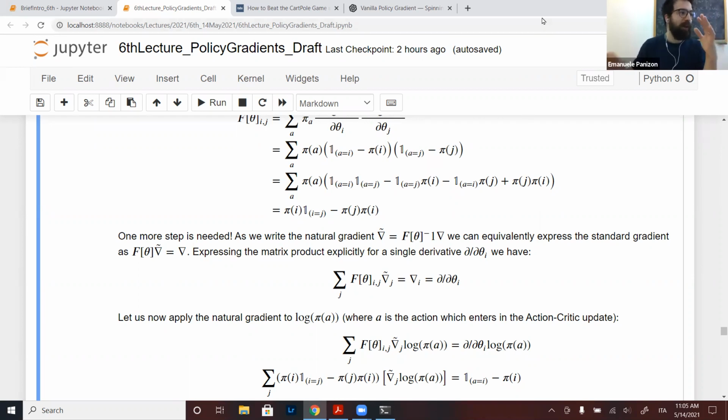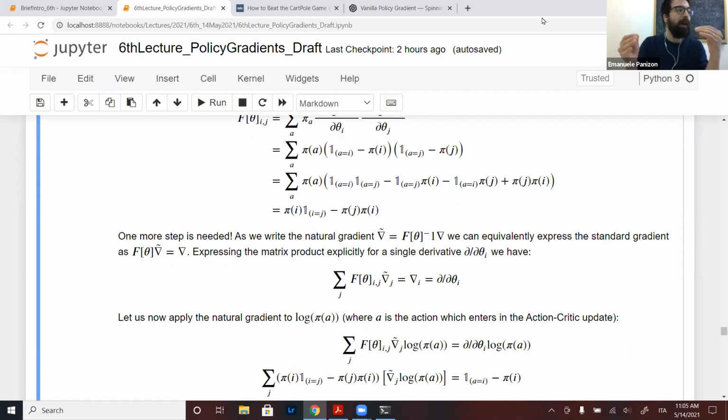It's very simple. You do the standard gradient, but if your policy has changed by more than 10%, you set the gradient to 0.